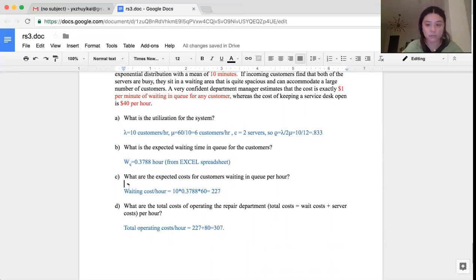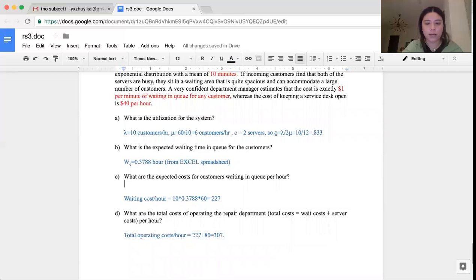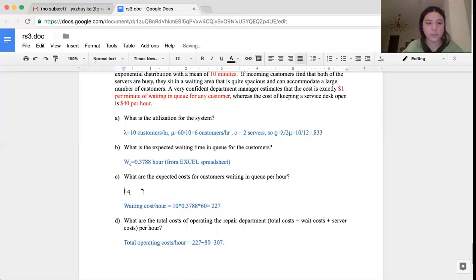Then we need to use LQ, which is the number of people in queue, times the cost per customer per minute, times 60 minutes per hour to get the expected cost.